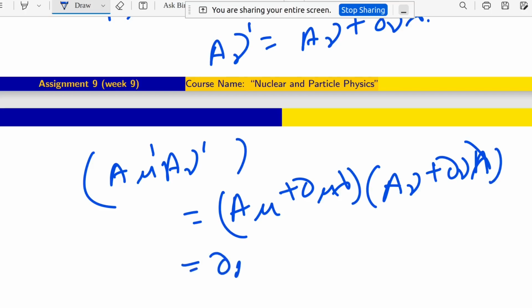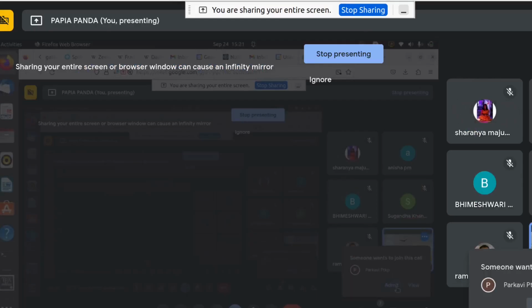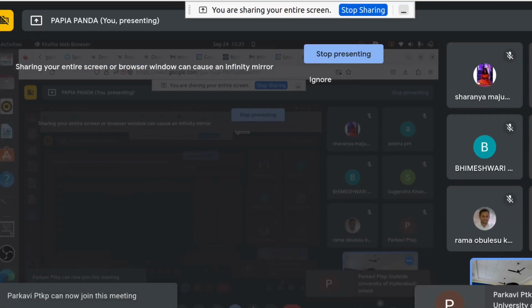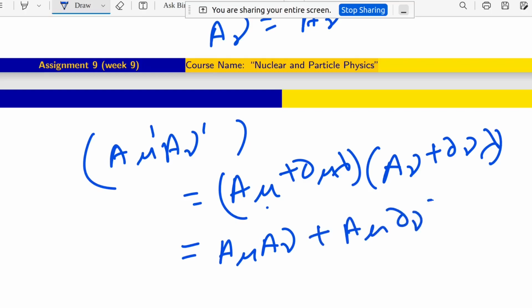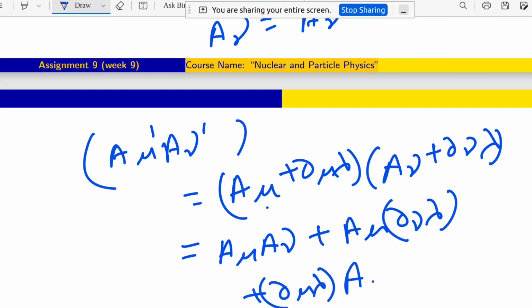Now you can definitely check that, so it is A_μ A_ν plus A_μ ∂_ν λ plus ∂_μ λ A_ν plus ∂_μ λ ∂_ν λ.